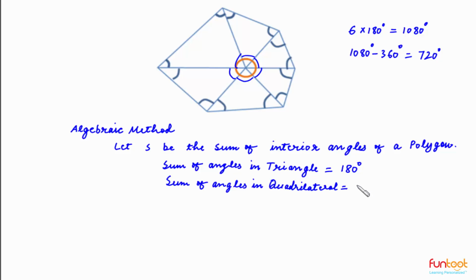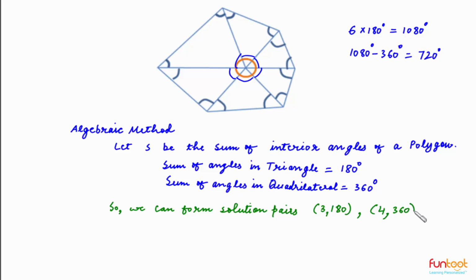The sum of angles in a quadrilateral is 360 degrees and the number of sides is 4. So here we can form 2 solution pairs. The first solution pair will be number of sides is 3, that is for a triangle, and sum of interior angles is 180. And the second solution pair we can form for a quadrilateral where the number of sides is 4 and the sum of interior angles is 360 degrees.